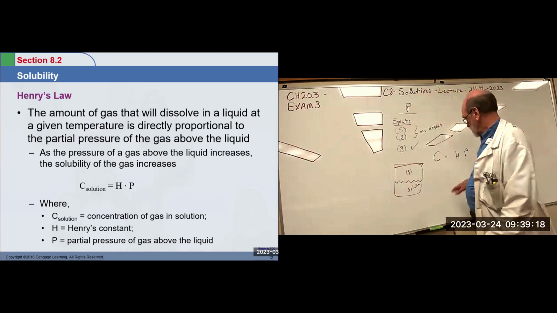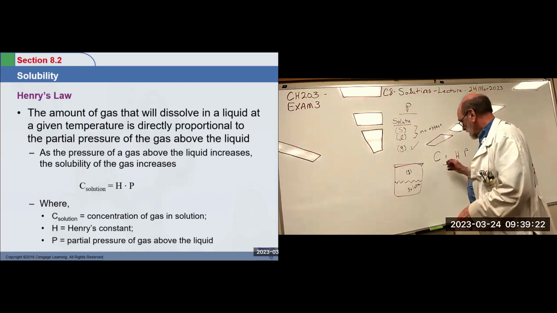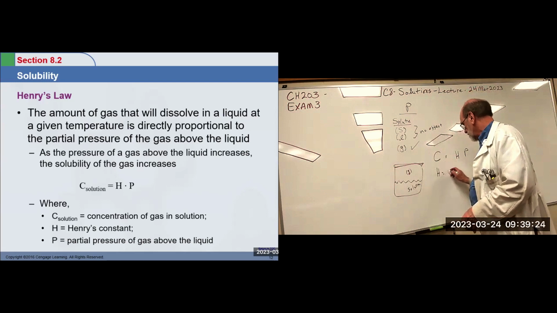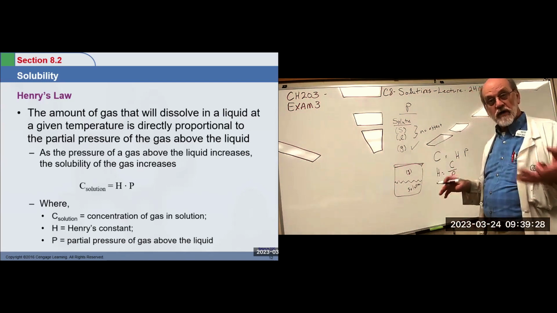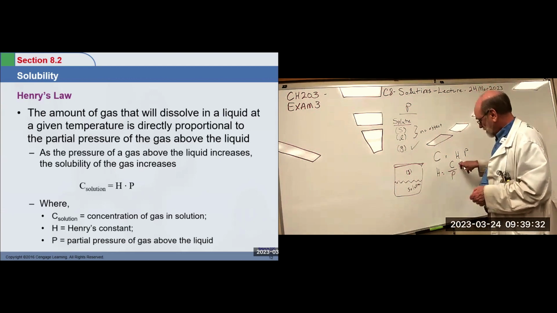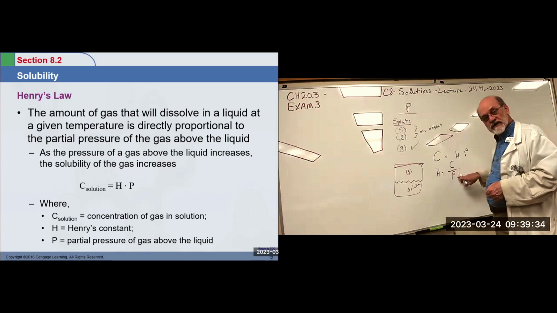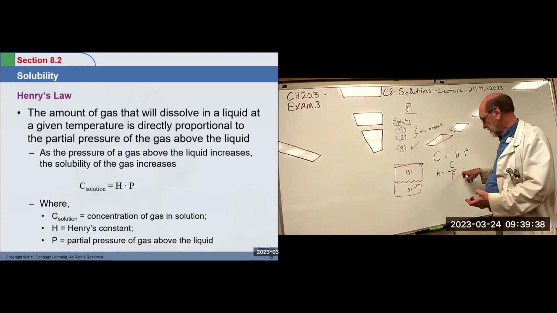But once you know this relationship, we can say something like this. Let's solve it for the constant. Right? Like we did with our earlier gas laws. Right? If this is constant, then the concentration will increase as the pressure increases. Right? This is a direct proportionality.